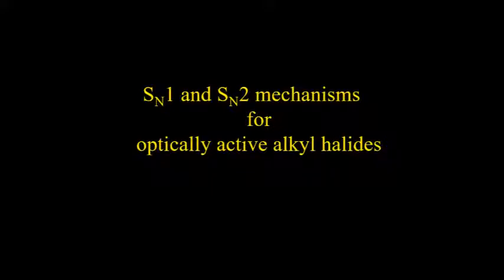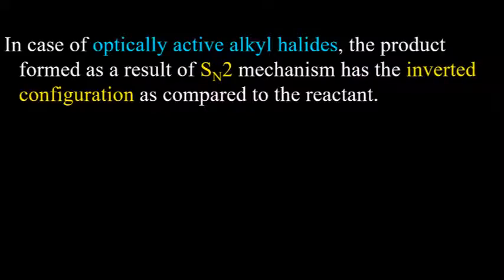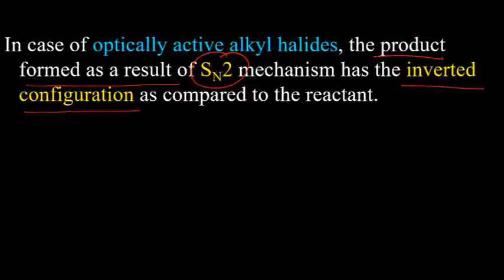Now, optical activity for SN1 and SN2 mechanisms for optically active alkyl halides. How can we relate what we have understood about SN2 and SN1 mechanisms to optically active alkyl halides? In the case of optically active alkyl halides, the product formed as a result of the SN2 mechanism has inverted configuration. This is something you already know.